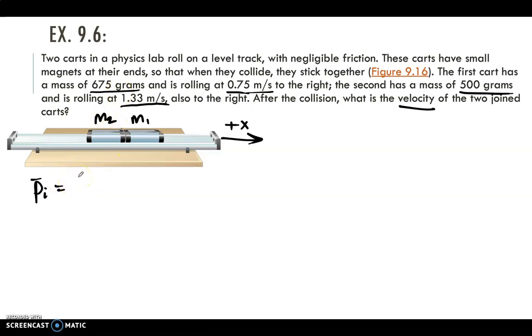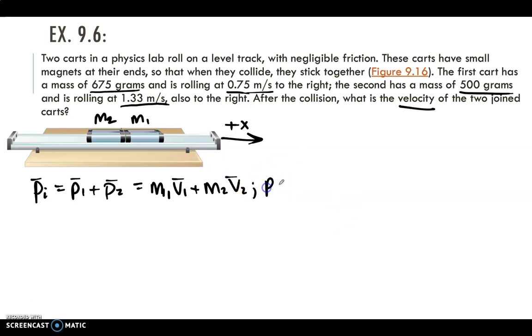We have two different masses, so we'll have the momentum of the first mass plus the momentum of the second mass. So this should be M1 V1 plus M2 V2.